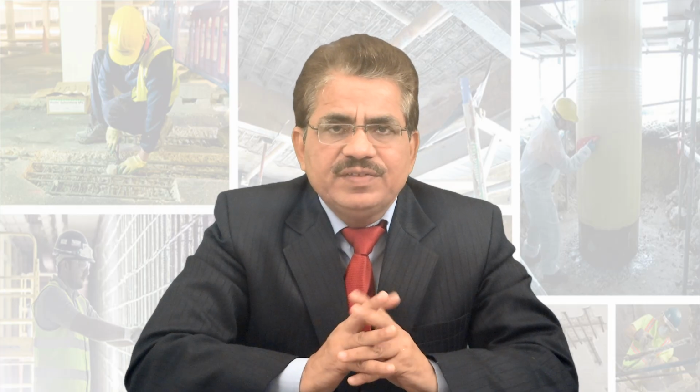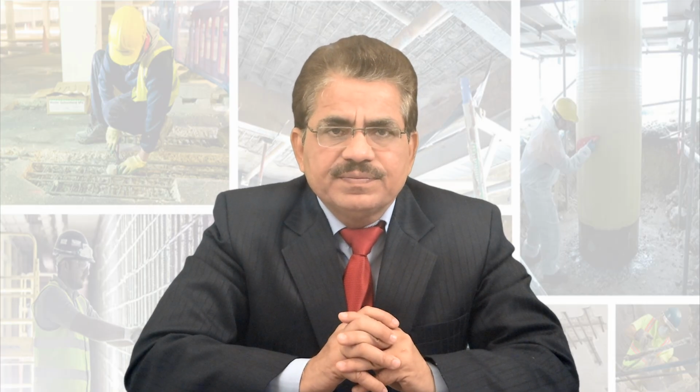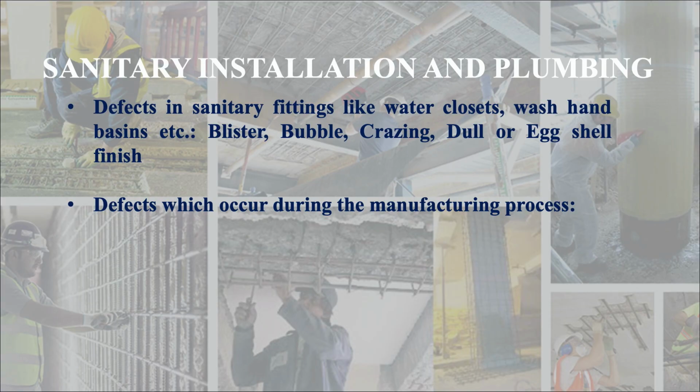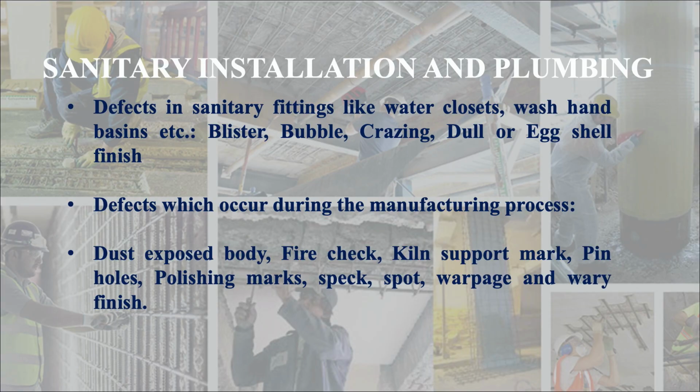These are some of the defects in sanitary fittings. Defects which occur during the manufacturing process are dust exposed body, fire check, kiln support mark, pinholes, polishing marks, speck, spot, warpage and vari finish.